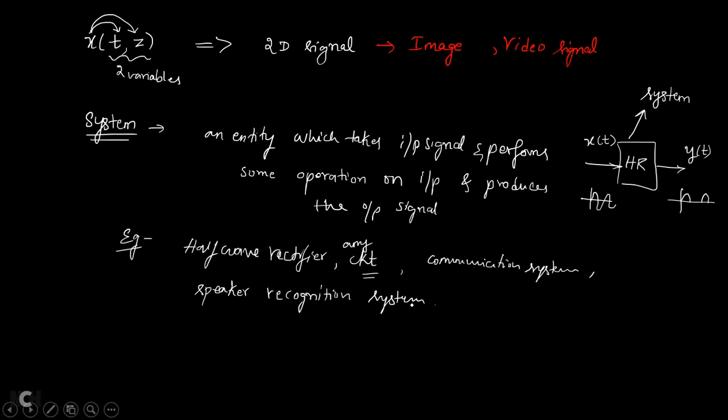So all these are examples of systems: speaker recognition, communication, biometrics, etc. Anything which takes the input signal, performs something on it, and produces an output signal is called a system. For simplicity, we have assumed that a system has only one input and one output, but in general, systems can also have multiple inputs and multiple outputs. So this is about the definition of a system and its practical real-life examples.